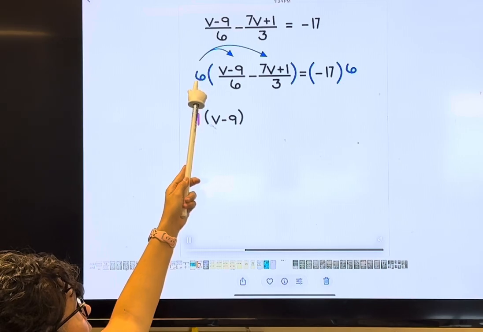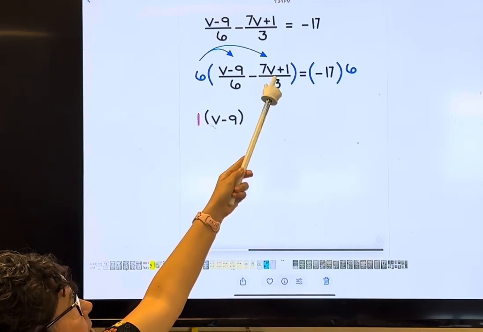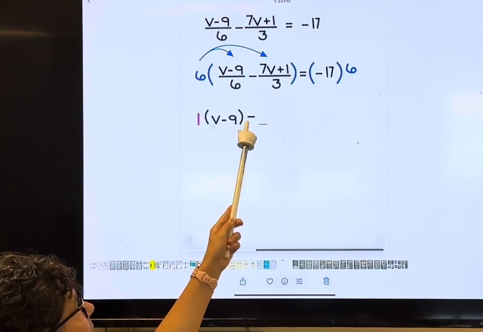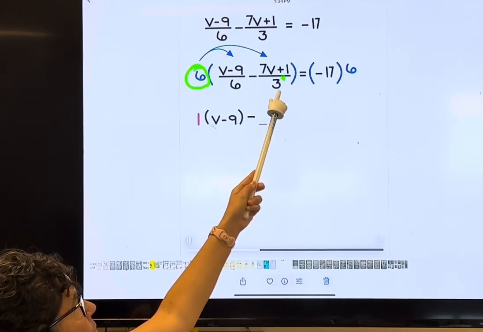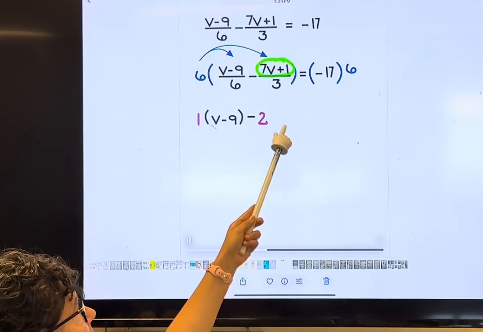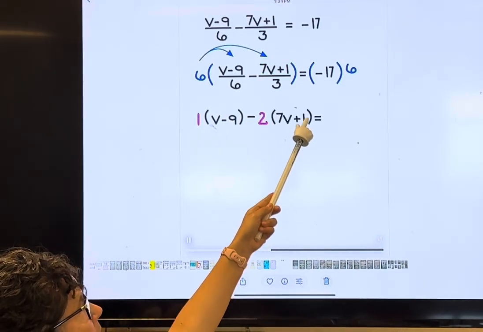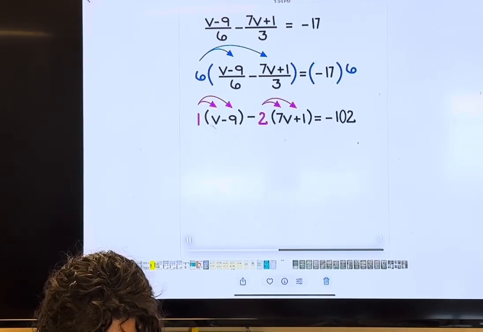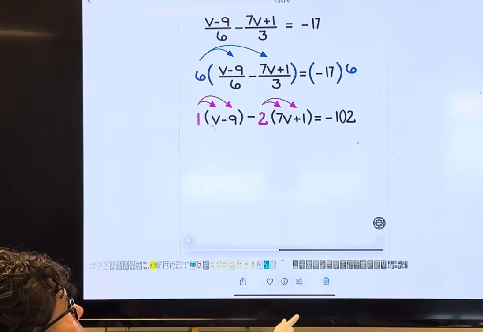When I do that here and I multiply 6 times this fraction, a positive times a negative is a negative, and 6 divided by 3 is 2, and then put the numerator in parentheses right next to it. On the right-hand side, negative 17 multiplied by 6 is negative 102.